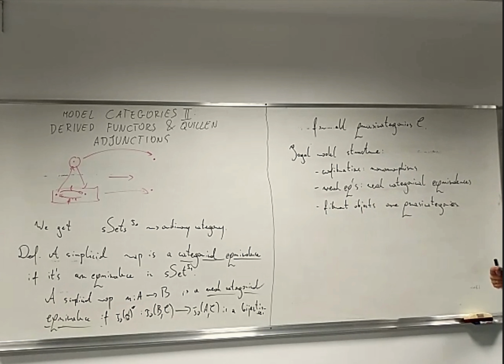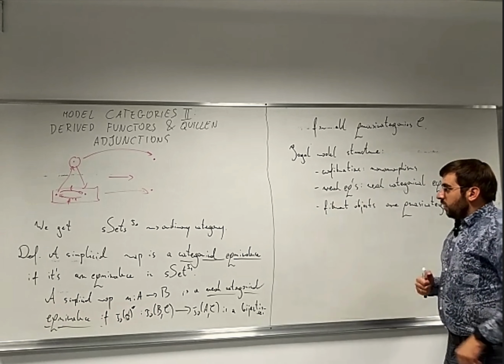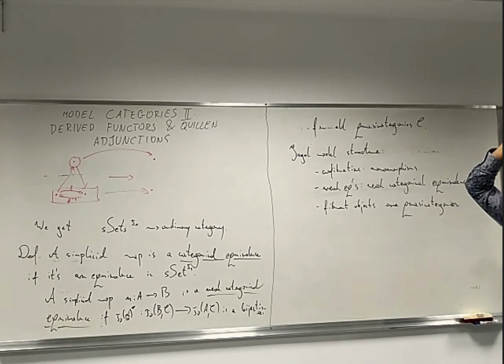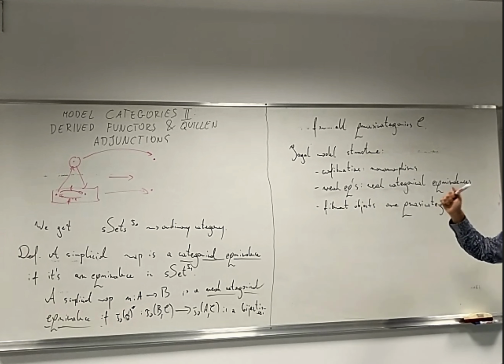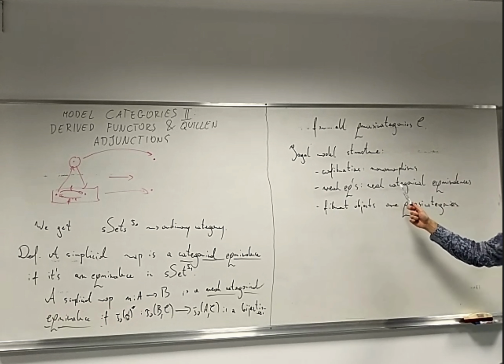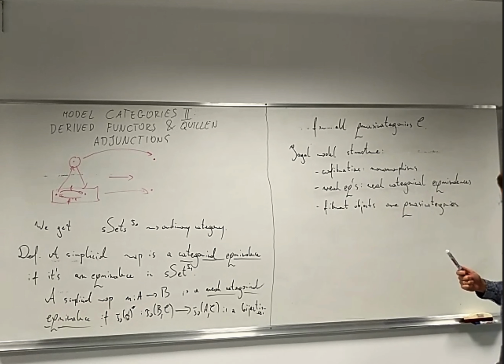Now, as a comment, I will say what fibrations are in this model structure. Firstly, we have fewer weak equivalences because there are more fibrant objects. Every Kan complex is a quasi-category, but the inverse is not true.